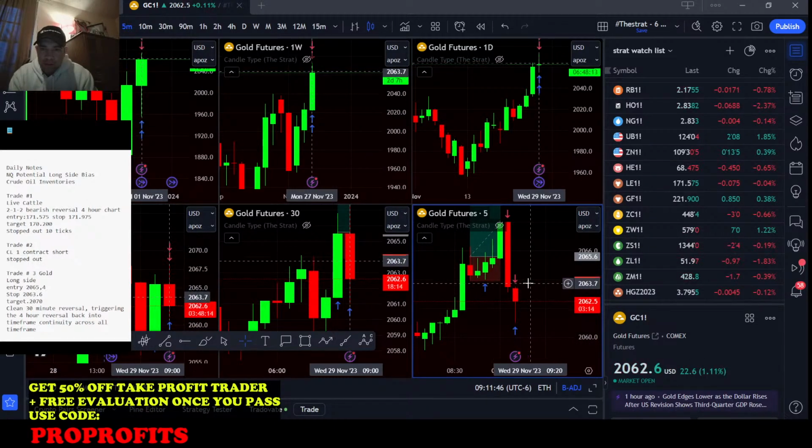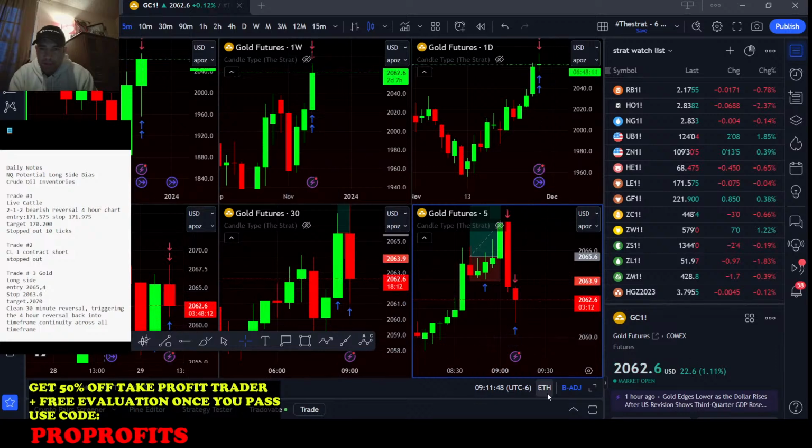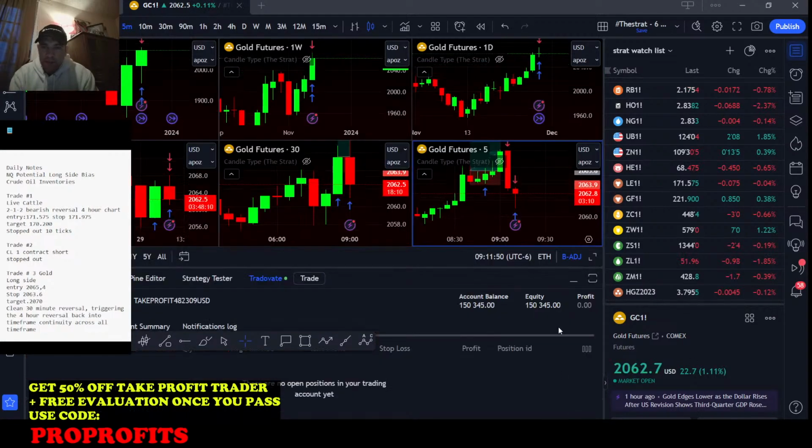Measure my risk with this candle right here. Take it one more time to the downside. Oh, no, this wants to do the same thing one more time back up. Looks like it wants to reverse right back up on him.